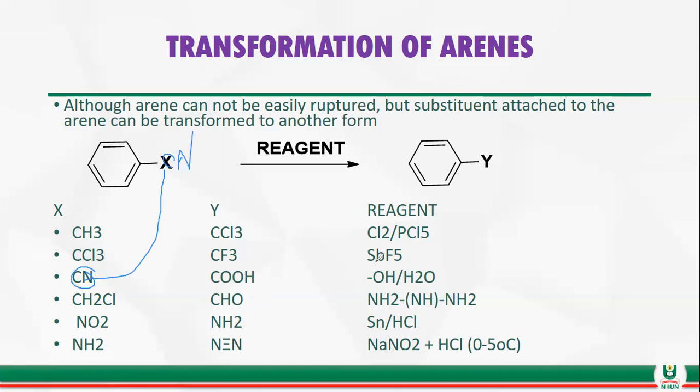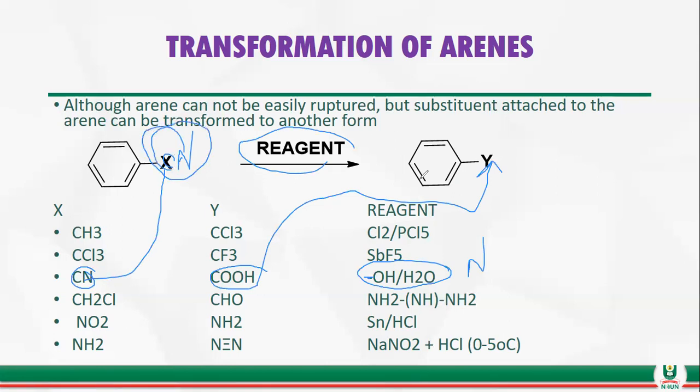If you take it to where the Y is, that's benzoic acid. So what reagent will you need? You will need alkali in water. It can be sodium hydroxide or potassium hydroxide. The ionic form of it is OH minus. So aqueous potassium hydroxide or aqueous sodium hydroxide will convert your benzonitrile to your benzoic acid.